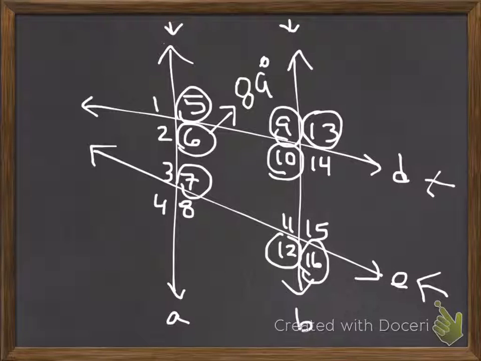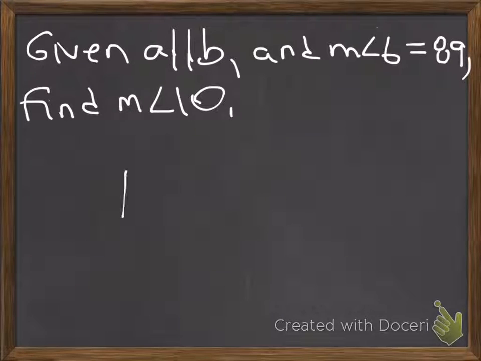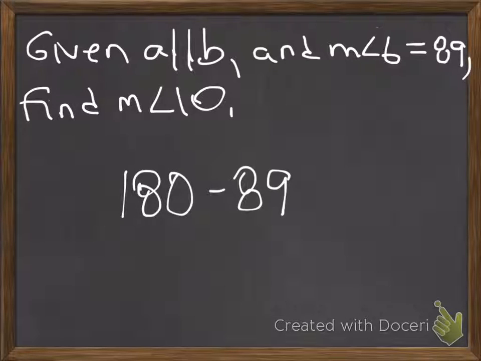So consecutive angles add up to 180. So if we have 180 minus 89, that will give us angle 10. So that's going to give us 91.